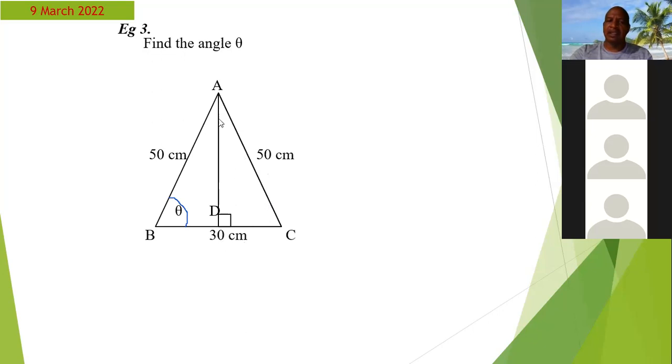Once it's an isosceles, there's a line perpendicular from the apex to the base already. So that means we can cut the isosceles in two right angle triangles.